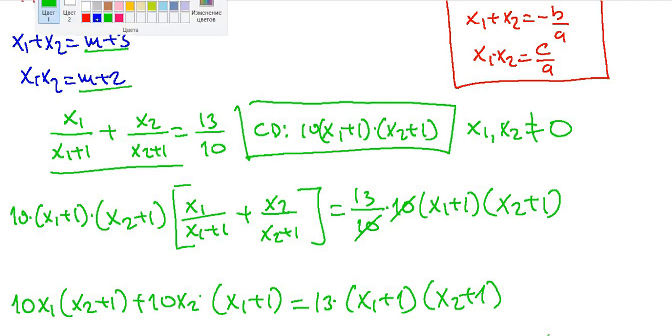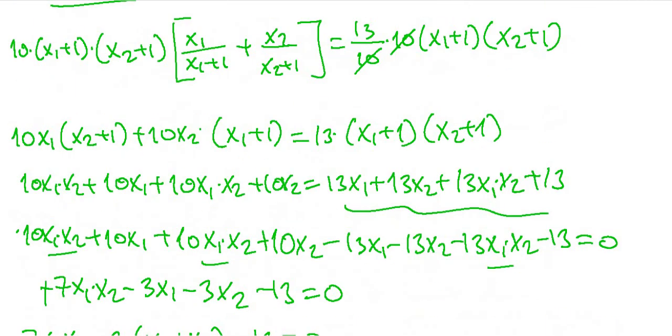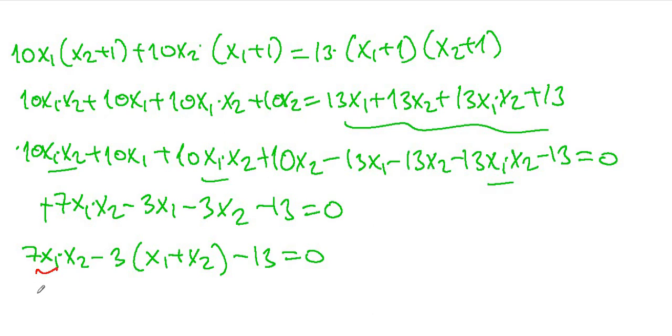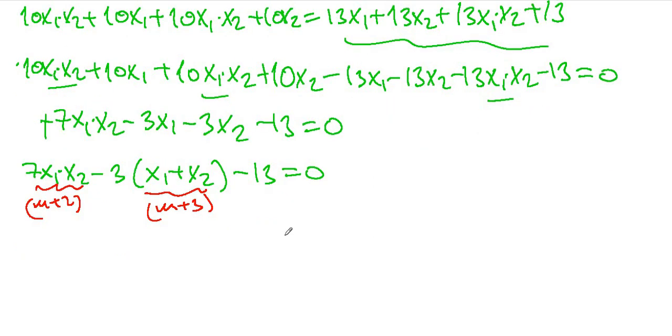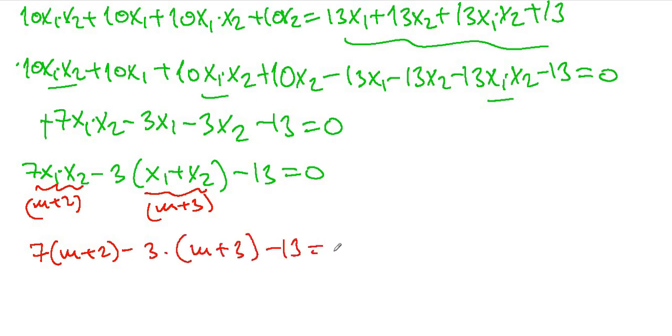So therefore plugging these values in, here m plus 2, and here m plus 3, I will get a basic linear equation with one variable. So 7 times m plus 2 minus 3 times m plus 3 and minus 13 is equal to 0.